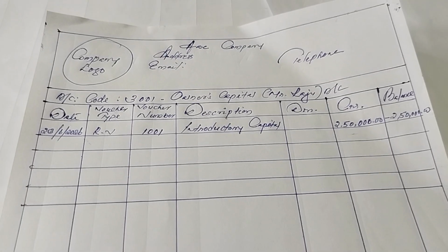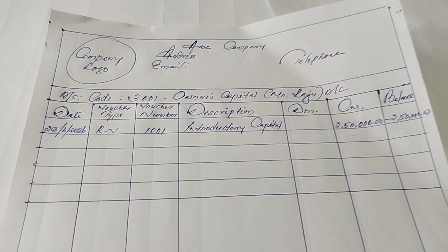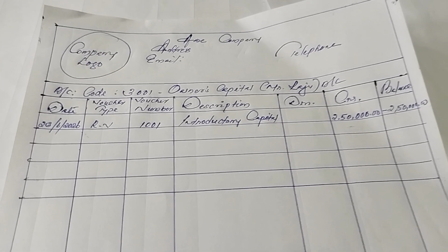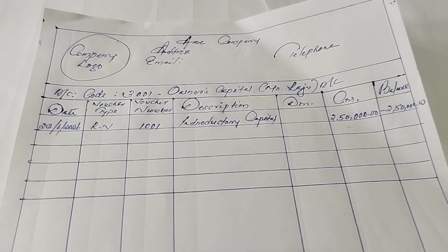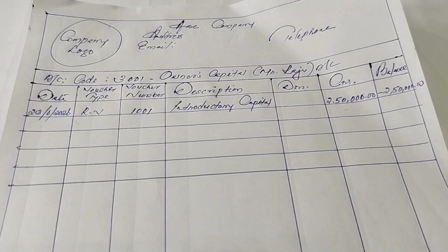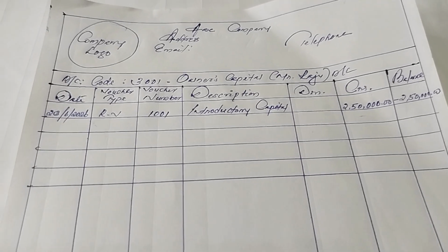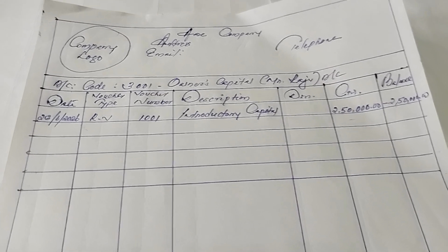When you are going to prepare a ledger, what things should be in your mind? That is what we are going to study first. In the ledger, first the company name, company address, email ID. If there is a web address, the website also you have to give.